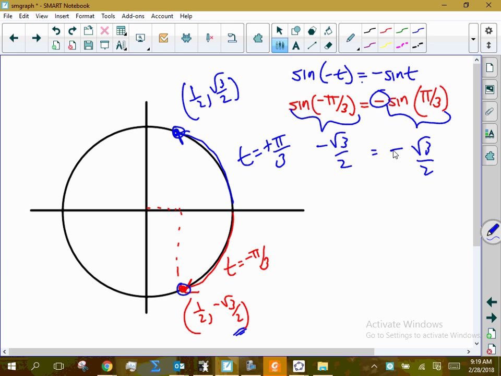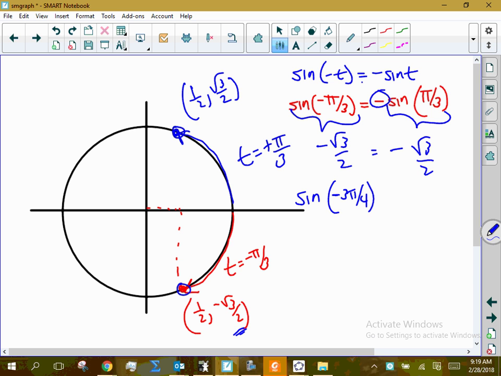But why have that property? Why use that? It's because now I don't need to travel in this direction if I don't want to. Let's say they're asking for sine of negative 3 pi over 4.